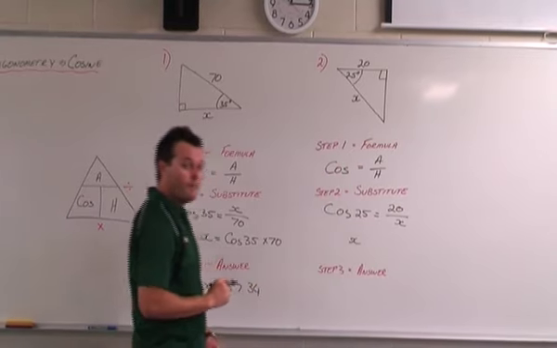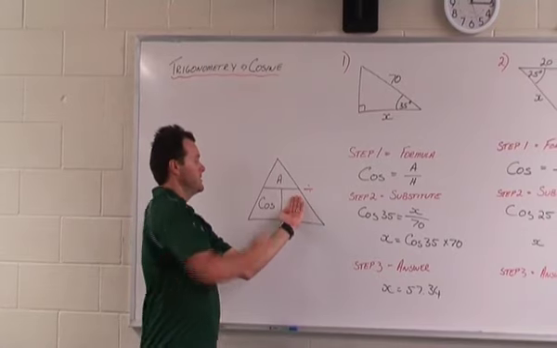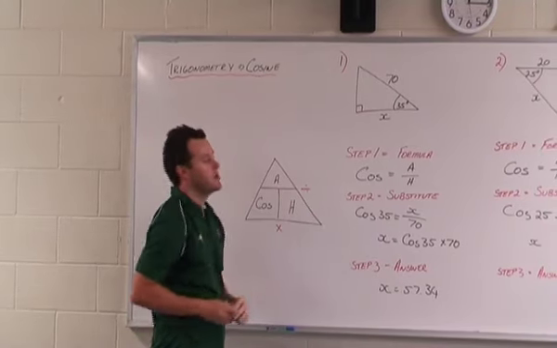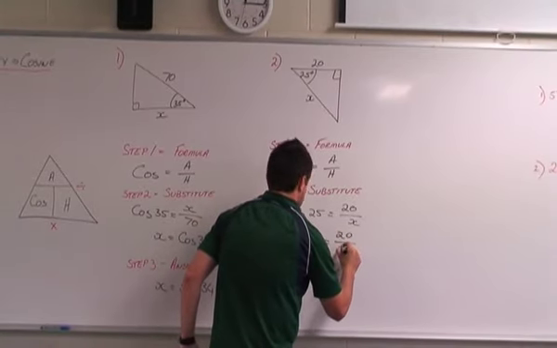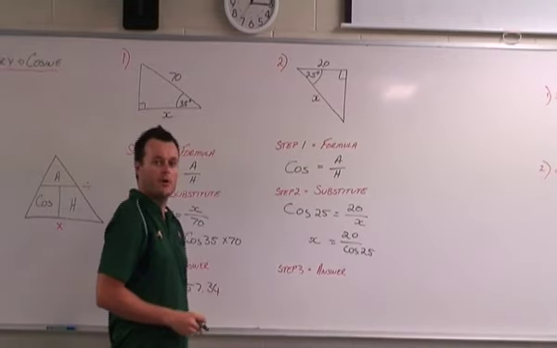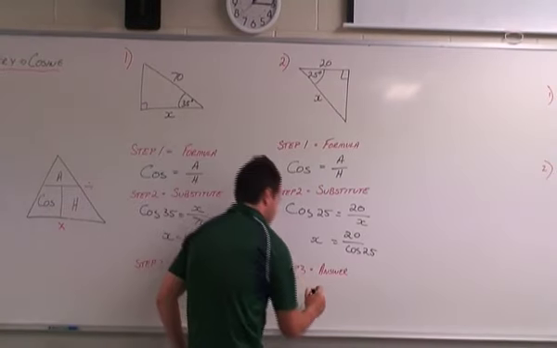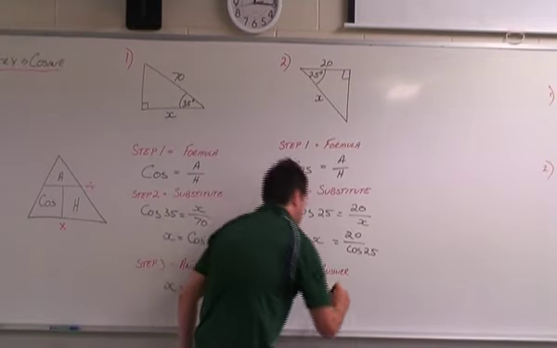We're trying to find a hypotenuse. So covering there, adjacent divided by cos, which makes it 20 divided by cos 25. Step 3 is to get the answer of 22.07.